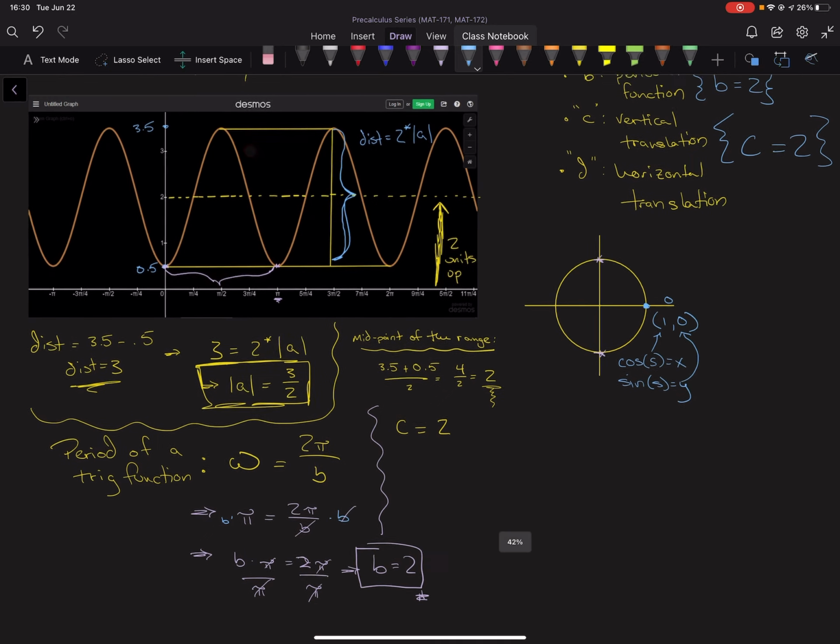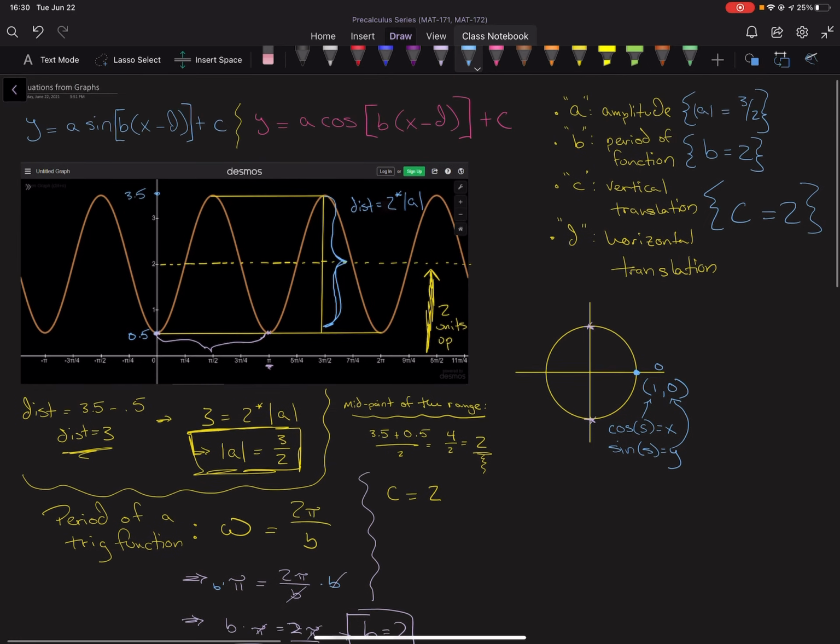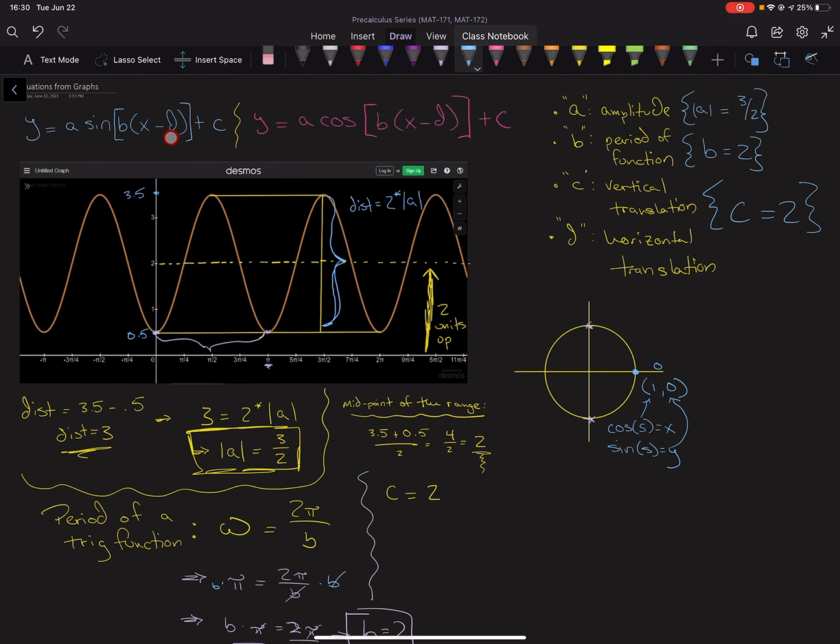Finally, we need the horizontal translation. Now, this again is a little more counterintuitive than the others. But what we're going to focus on is, we want our D to be positive. So what we have here is negative.